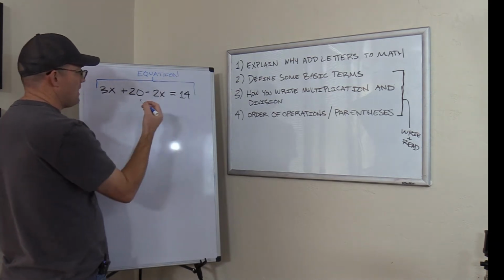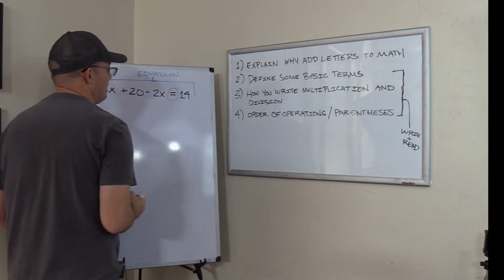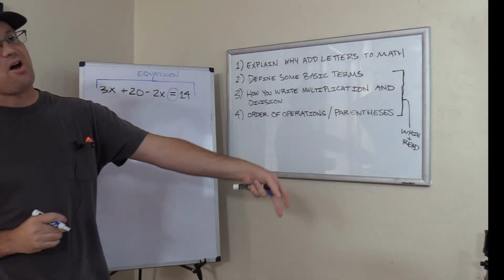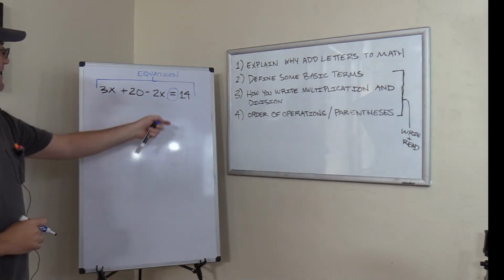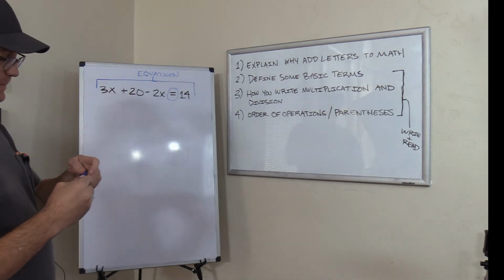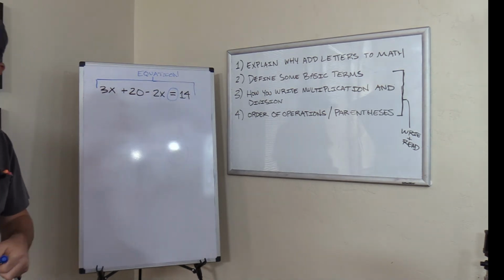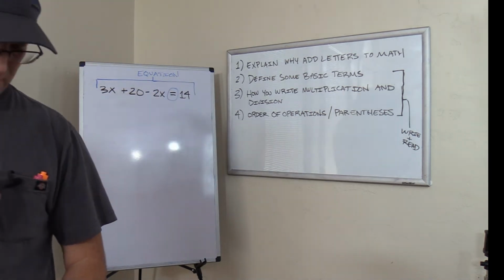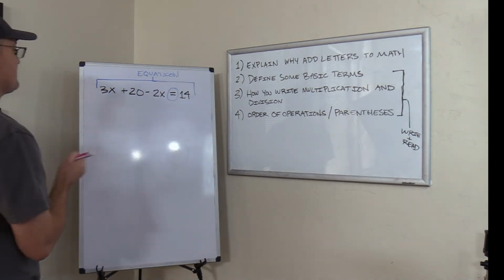Okay, now there's one rule in algebra. To be an equation, you have to have an equal sign somewhere in this line of stuff. Okay, if you don't have an equal sign, it's not an equation. Okay, so if we took away everything over here on this side of the equal sign, what we end up with is what we call an expression.